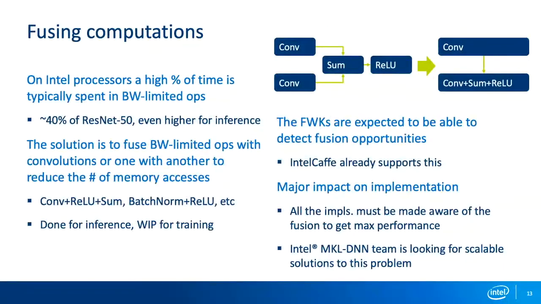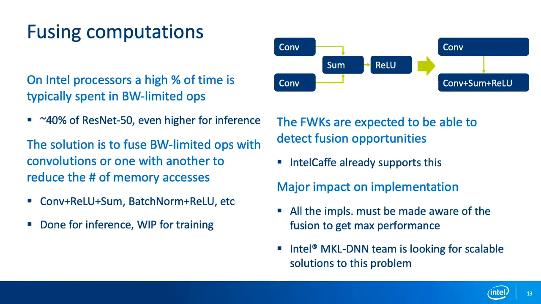Another performance consideration is fusing computations, right? So there's a few compute-intensive operations in the deep neural network: convolution, batch norm, and inner product. Everything else is mainly bandwidth limited. So instead of calling convolution and then calling a ReLU, MKL-DNN says we know that a lot of times you'll do a ReLU right after a convolution.